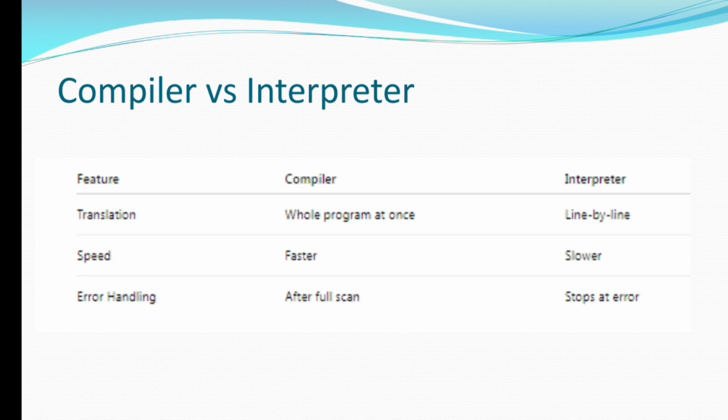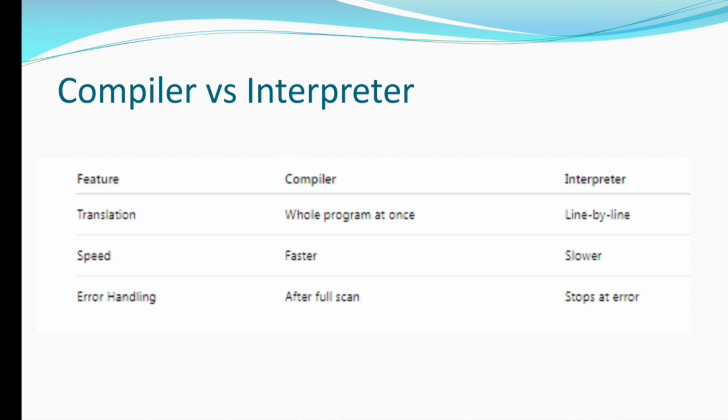If you get an error at the first line, at the 50th line, and at the 100th line, it will show these three errors at a time with the compiler. But what happens with the interpreter? If you get an error at the first line, it will show that error only. It will not show the remaining 50th line and 100th line errors. After clearing the first line error, it will move to the next line to execute.